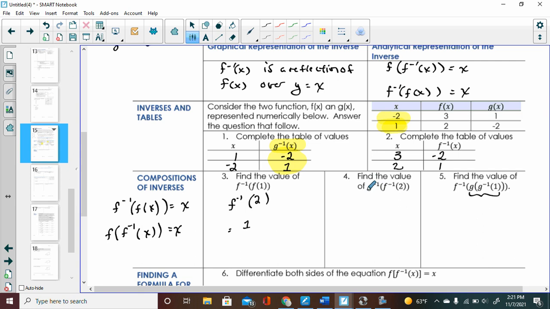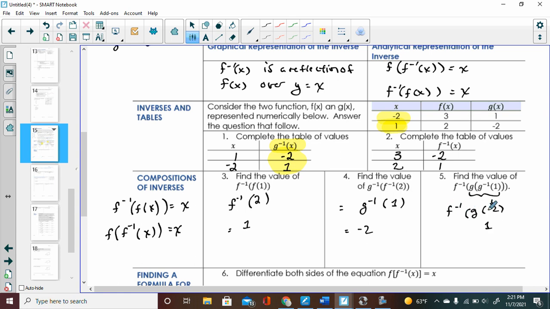Let's go through this. So we're referring to this table here and this table. So the inverse of 2 is 1. And the inverse of 1 is negative 2. All right, so the result of this should be 1. So let's just check right here. The inverse of 1 is negative 2. g of negative 2 is 1.